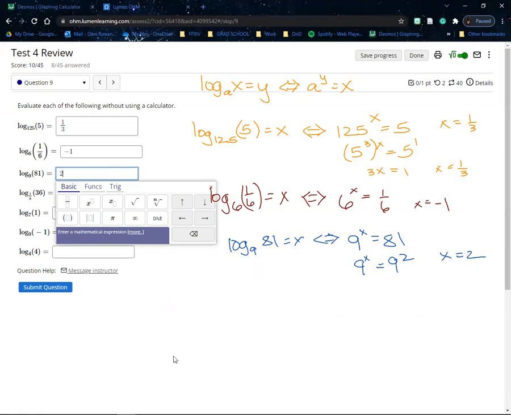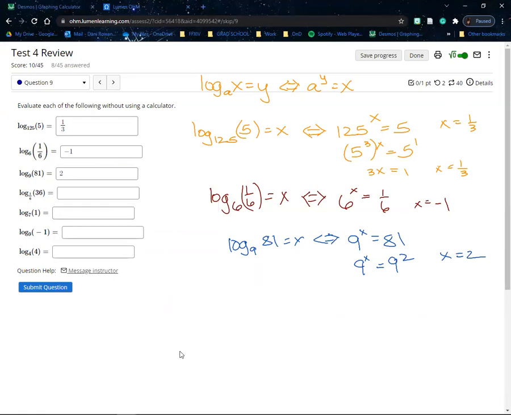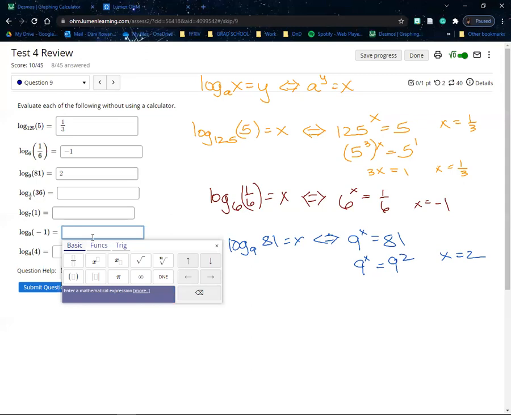Anyone have any questions on this stuff, or would you like to see the rest of it? The 9 with negative 1. What is it when you have a negative? What's the problem with that?